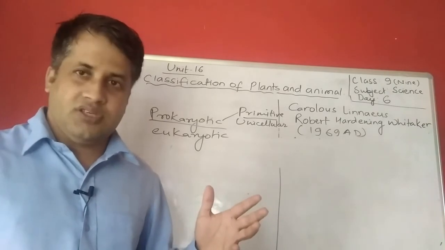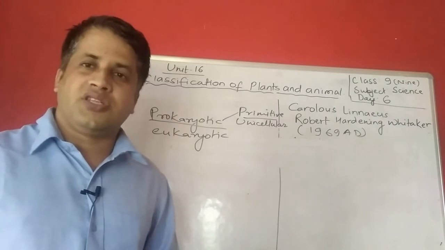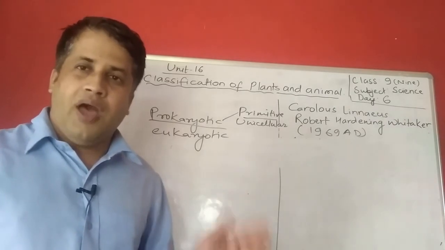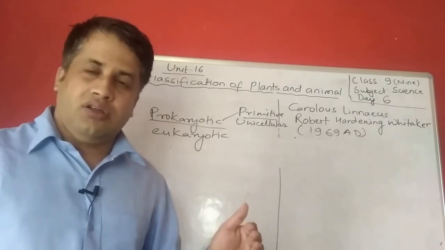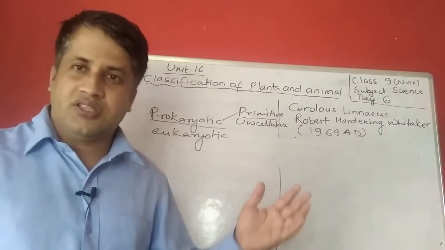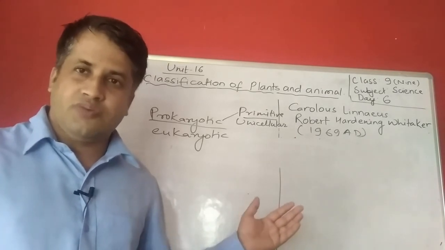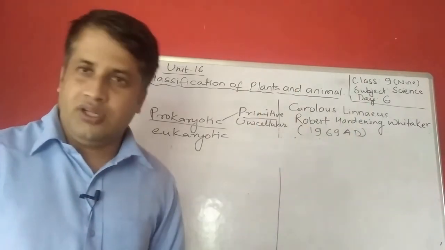So in the next class we will study the five kingdom system turn by turn, from simple to complex, that is, from the prokaryotic type of cell, from Monera, to the animal kingdom.